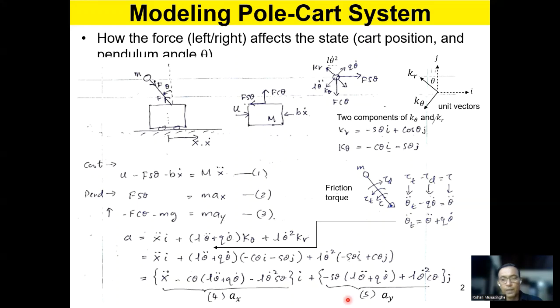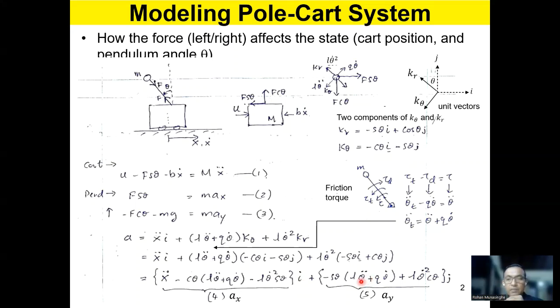Okay. Now you can see the items x double dot minus cos theta L theta double dot plus q theta dot minus L theta dot square sine theta. This is the i component, that is the horizontal acceleration of the pendulum.